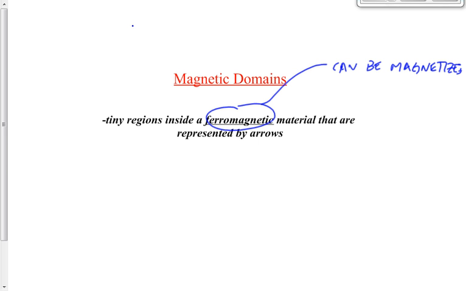If I bring another magnet nearby and hold it there for long enough, then that leg of the desk can become a magnet, at least a temporary magnet. Steel is a ferromagnetic material. Iron is another ferromagnetic material that's not necessarily a magnet, but has the ability to become a magnet. It has these tiny little domains, these tiny little regions inside it that can become aligned and therefore become a magnet.